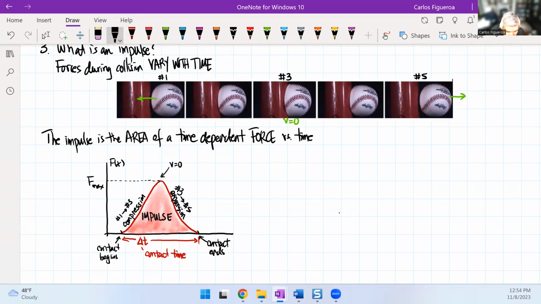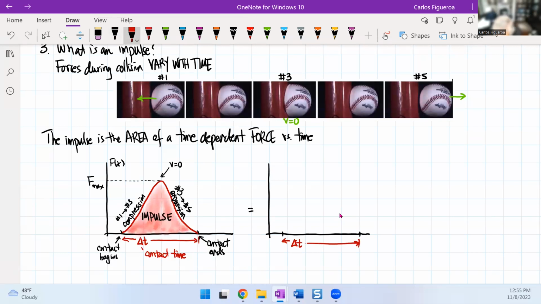Now, from the mean value theorem of integrals, we can replace this curve. That means we can choose a curve, if I look at its interval, which is this here, so it has the exact same contact time.